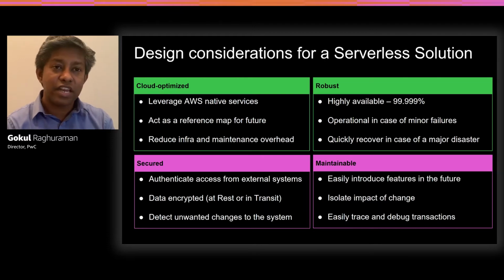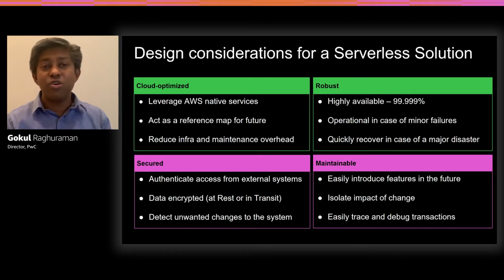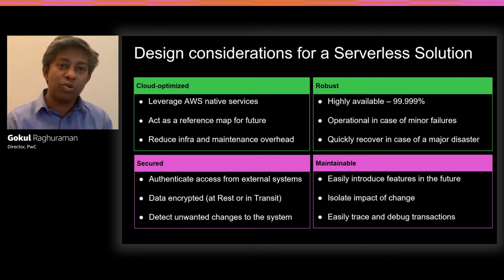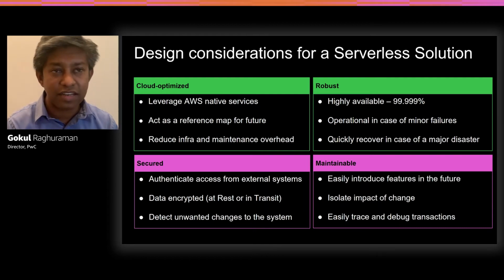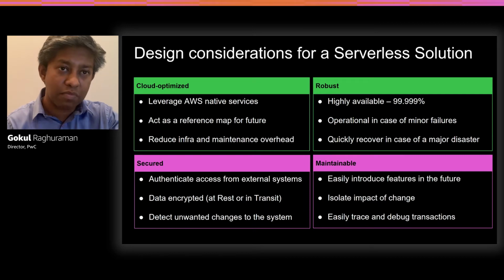That means that you have to start thinking about how is my application taking care of basic identity capabilities such as authentication and authorization. How do I protect the application both at rest and in transit? And how do you identify any kind of undesirable change that is happening in the environment or in the application data, right? So security has to be a day one priority.